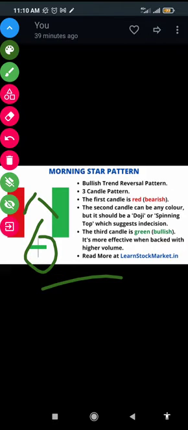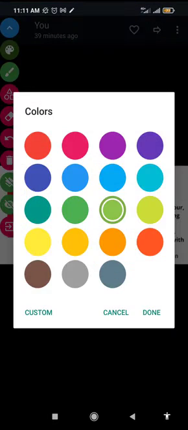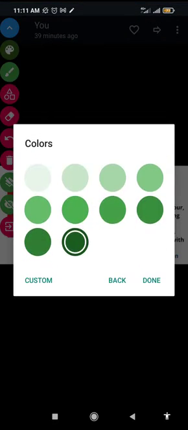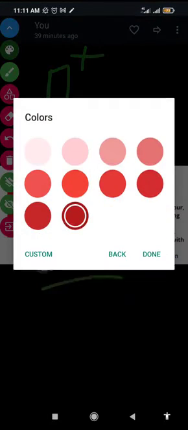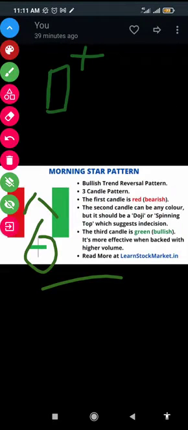This is how an evening star looks like: a bullish candlestick followed by a doji, then followed by a bearish candlestick. This is an evening star. So there is a morning star and there is an evening star.